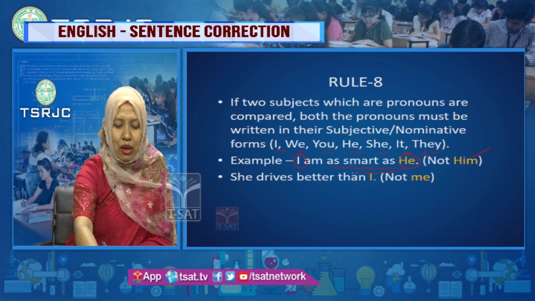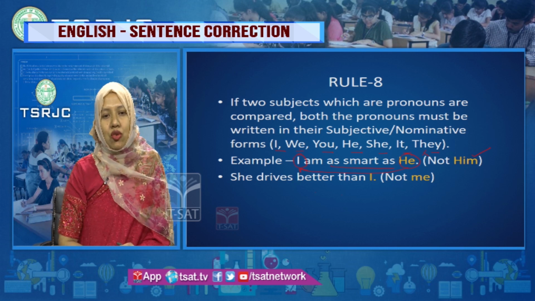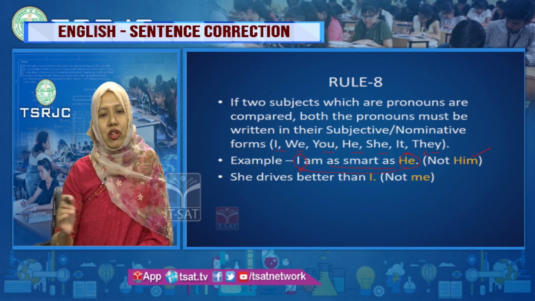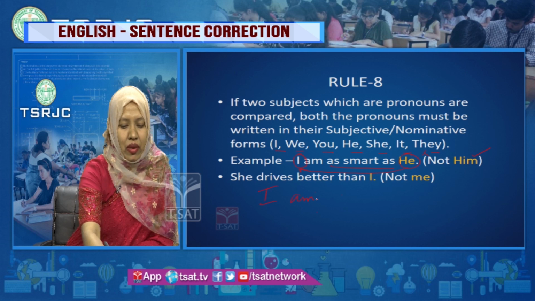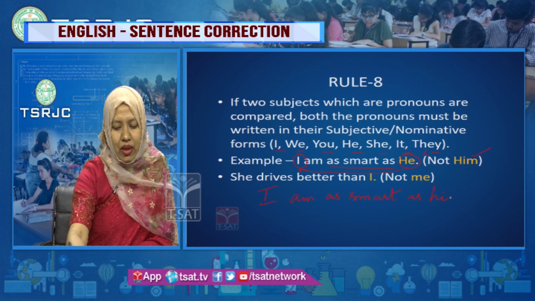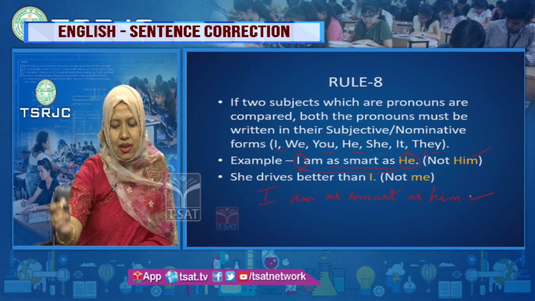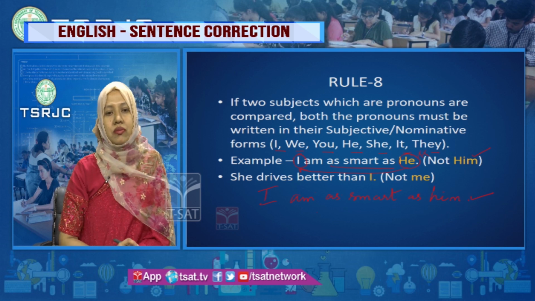He will come in the subject place. Using he in the object place is wrong. I am as smart as him, we should say. I am as smart as him. This is the correct sentence. You cannot say he, this is wrong.